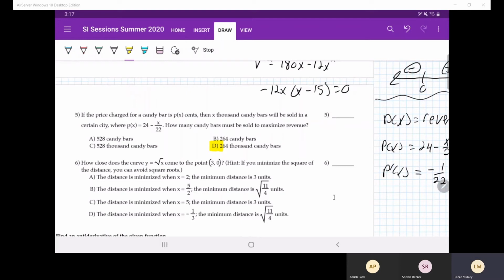He only gives you one equation here. So that's why I don't understand it. And according to this, the less you sell, the better, because it's a decreasing linear equation.